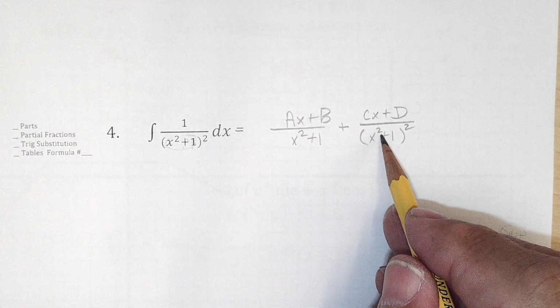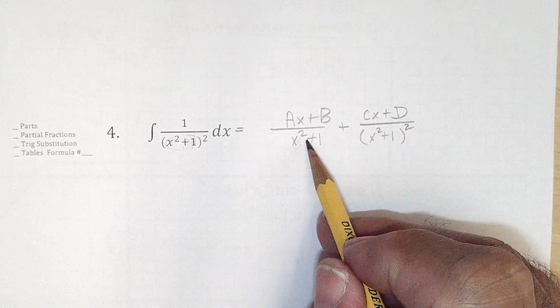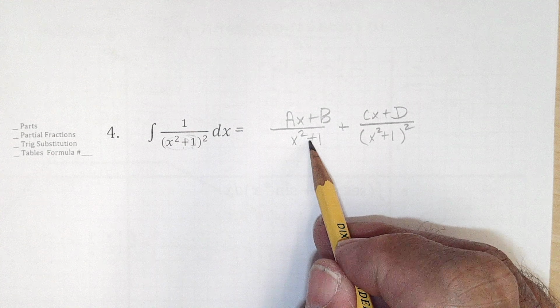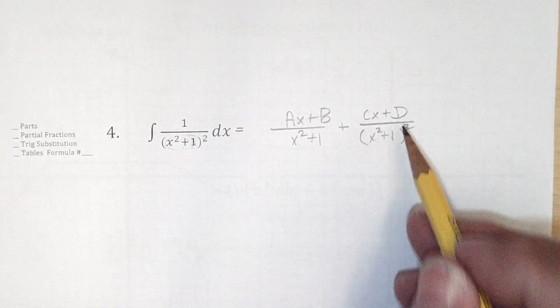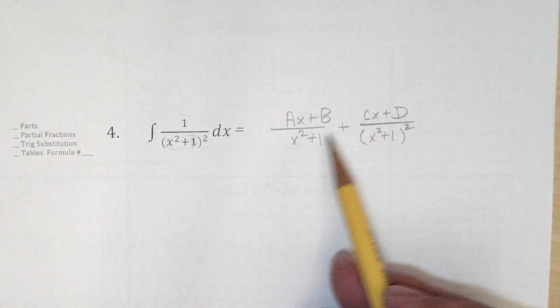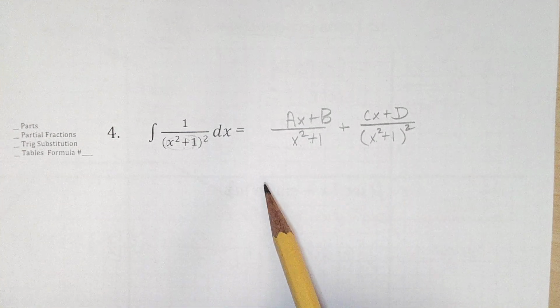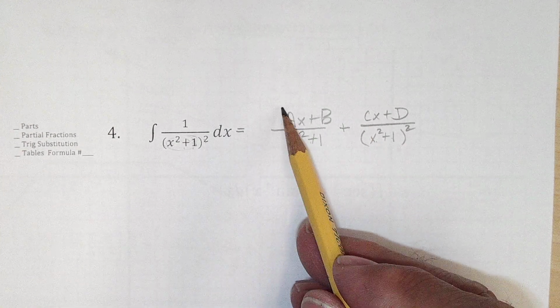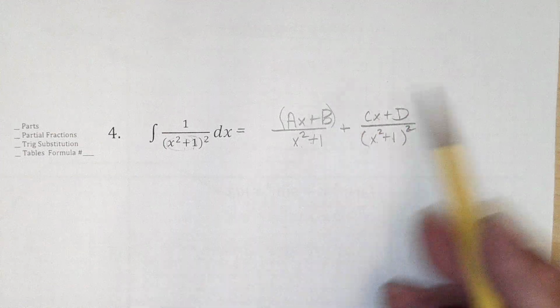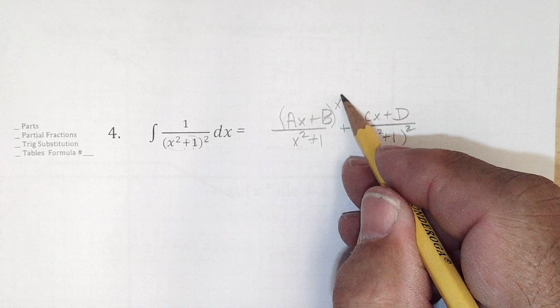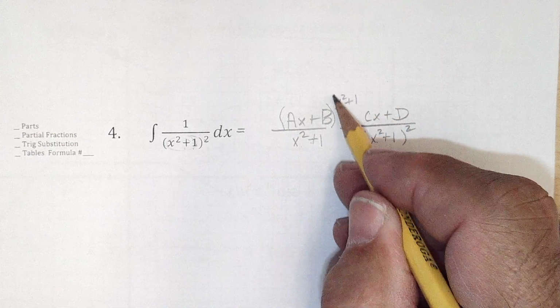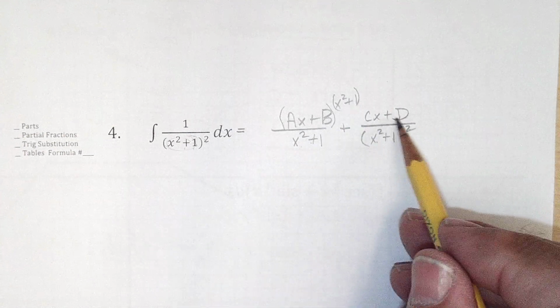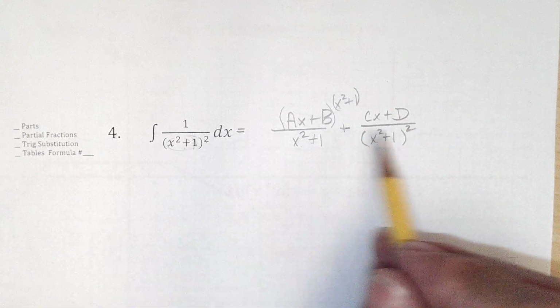Again, a quadratic factor, but it's happening twice, and so you do it single and the squared. So this is where I'd have to use my deal. So to get a common denominator, I'd have to take this one times x squared plus 1, and this one times nothing because it already has the common denominator.